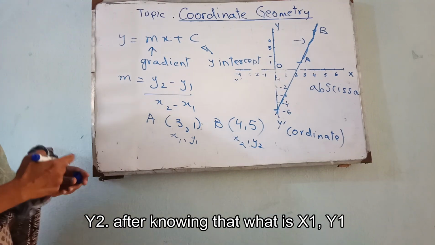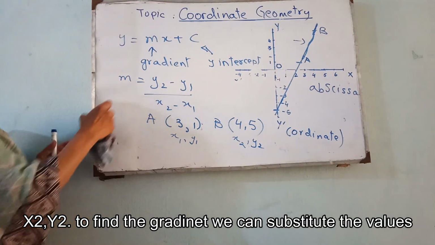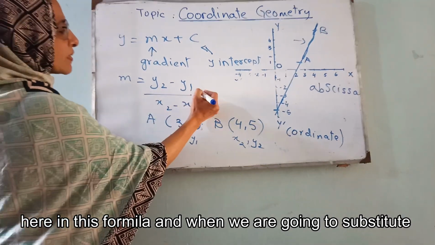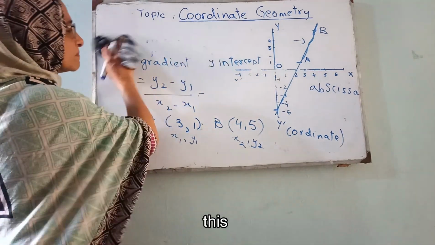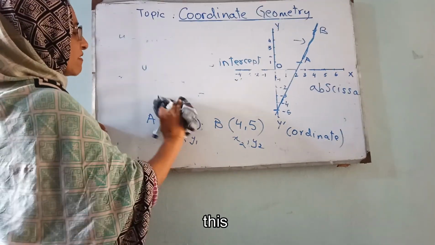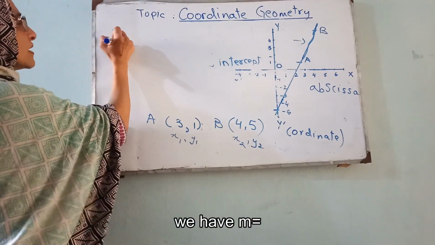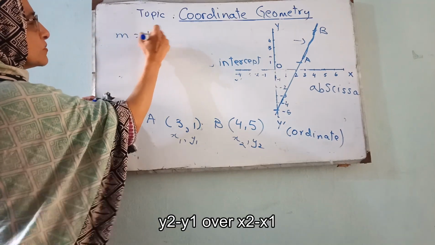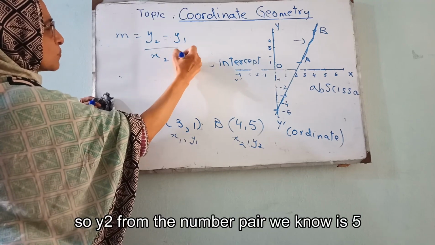After knowing what x1, y1, x2, y2 are, to find the gradient we can substitute these values in this formula. We have m is equal to y2 minus y1 over x2 minus x1.